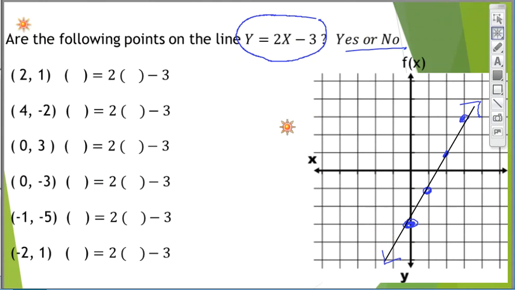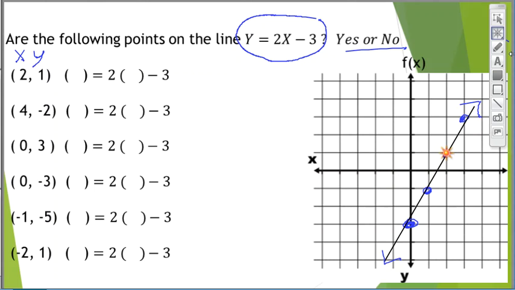The question says, are the following points on the line y equals 2x minus 3? Remember, ordered pairs are listed x first and then the y. So we can look at this graph right here, and we can look at this point and say, okay, is the point 2, 1 on the line? Well, if we go to the right 2 and up 1, yes, it is.